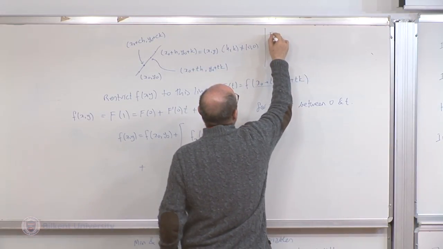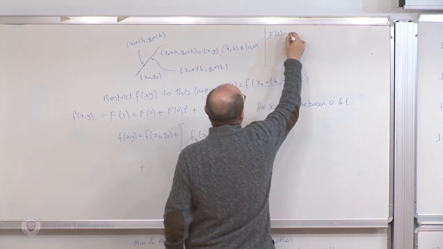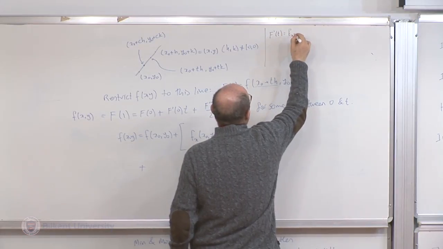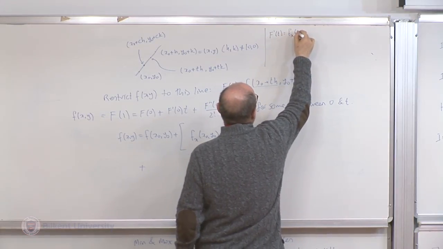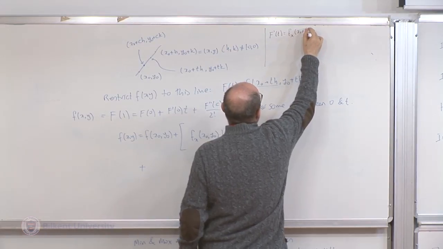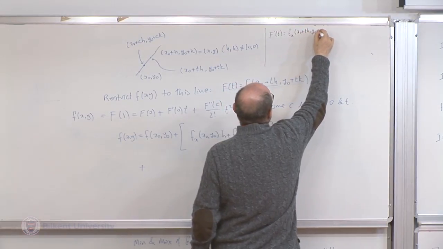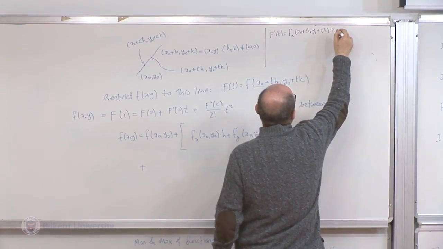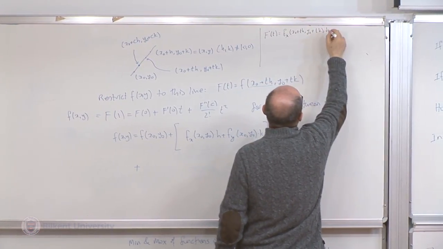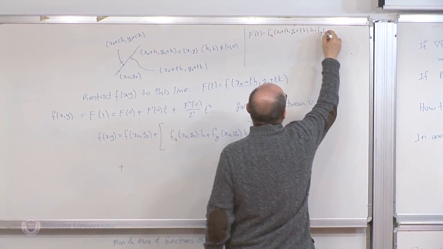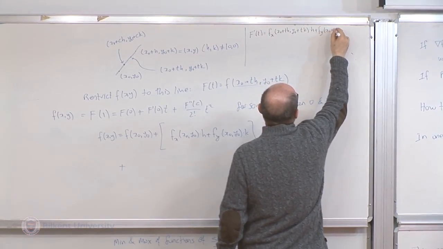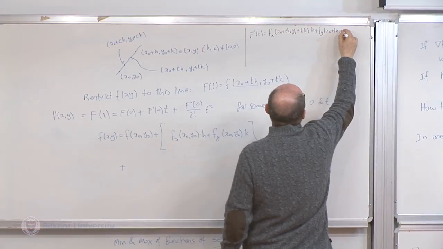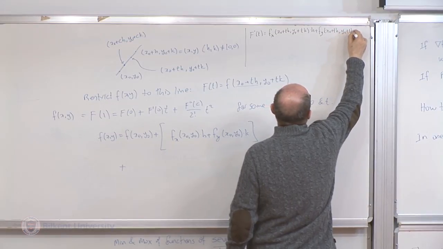So here f prime of t is equal to the derivative of f with respect to x at x sub 0 plus th, y sub 0 plus tk, times h, plus f_y at x sub 0 plus th, y sub 0 plus tk.